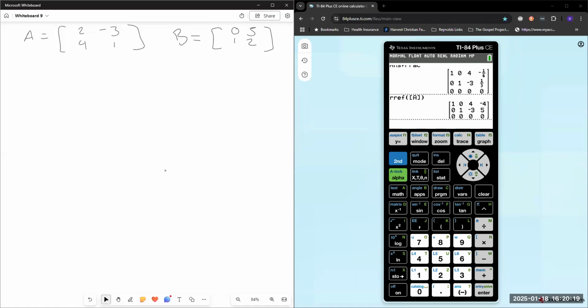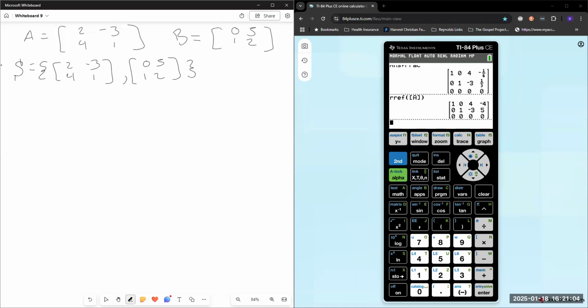Let's see if these 2 by 2 matrices can be written as a linear combination of matrix A and matrix B. Basically, the same question: if I made S equal to the set of 2, -3, 4, 1, and 0, 5, 1, 2, can linear combinations of the matrices in set S give us the given 2 by 2 matrix?